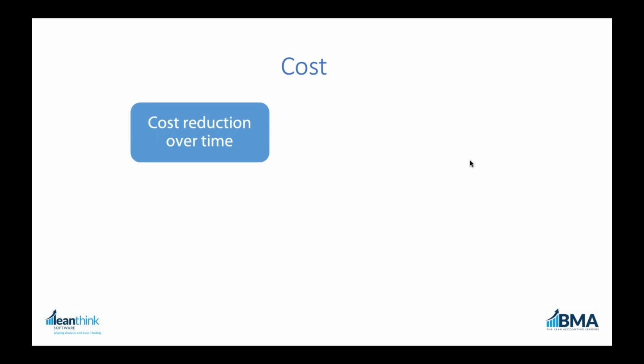So let's talk about cost. We want to measure cost reduction over time. The best measure that I like to use or I recommend would be cost, or a collection of costs, as a percentage of sales.